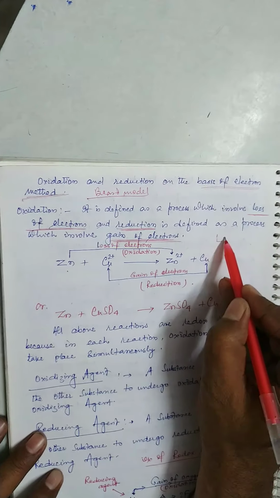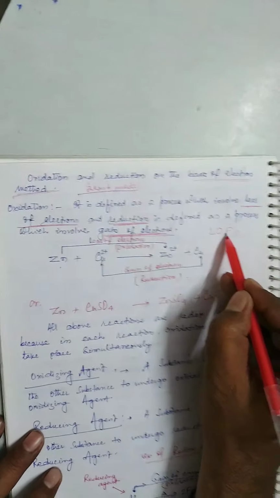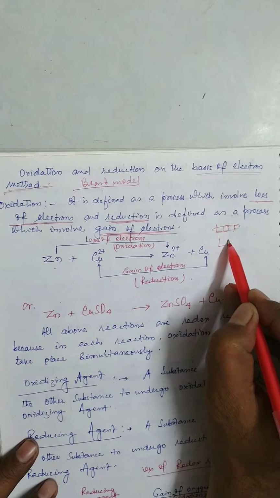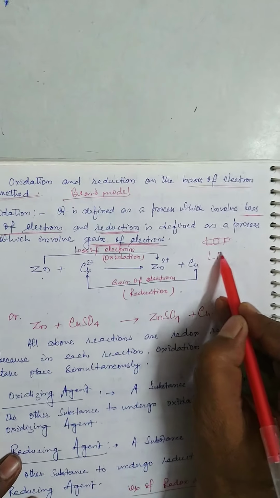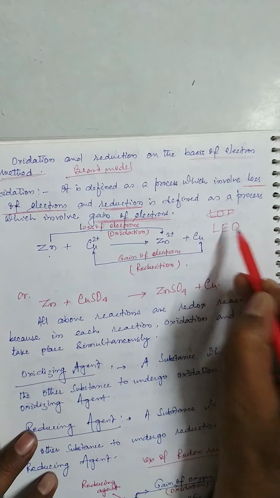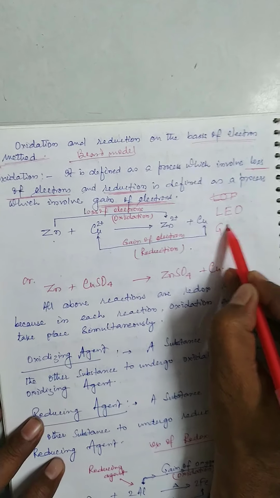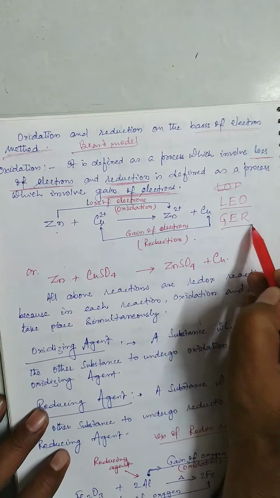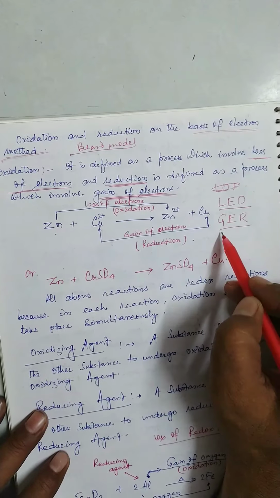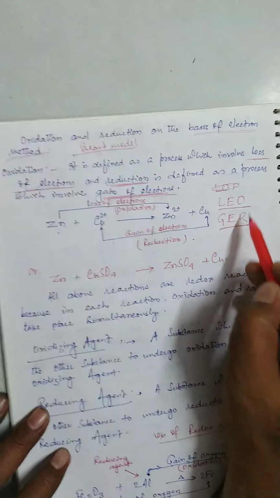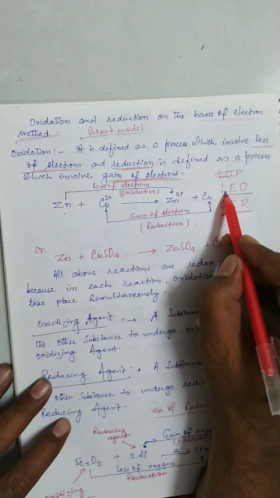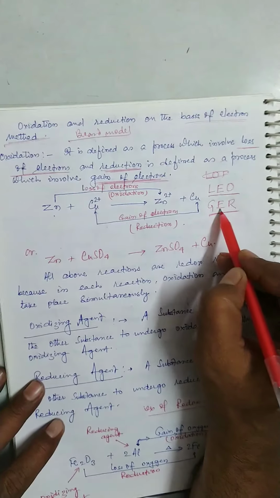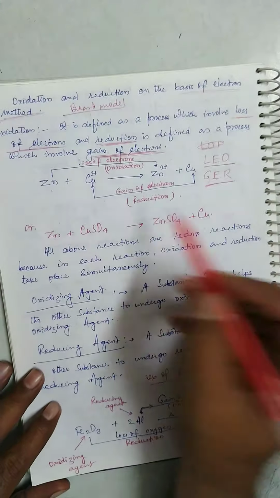It means loss of electron is called oxidation, and gain of electron is called reduction. We can say LEO GER: LEO means loss of electron is called oxidation, GER, gain of electron, is called reduction.